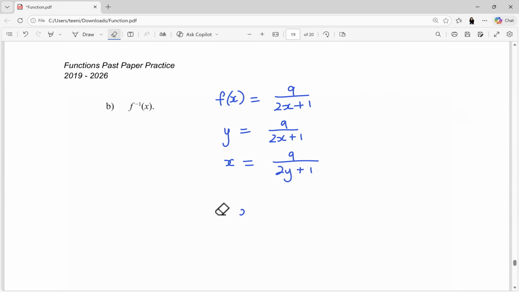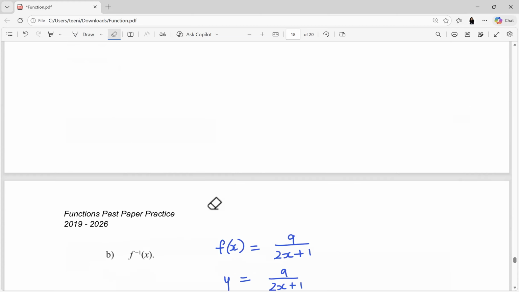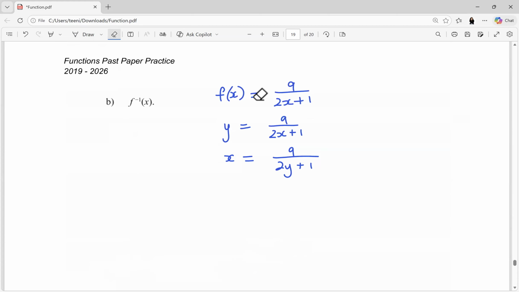It's 9 over 2x plus 1, right? So then f inverse x, right? So y is equal to 9 over 2x plus 1. Interchanging x and y, you'll have x is equal to 9 over 2y plus 1. So then this would be x times 2y plus 1 is equal to 9.